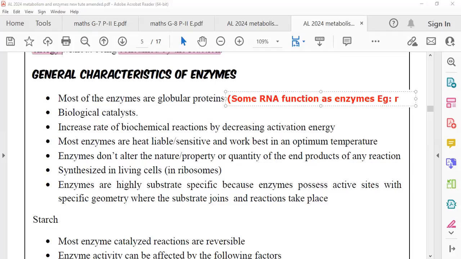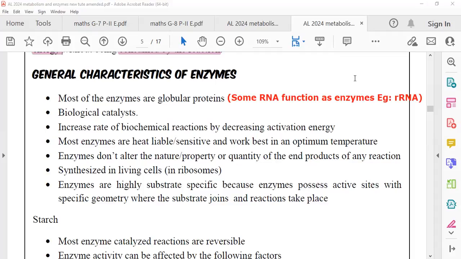Example, rRNA. You studied RNA in the chemical basis of life. rRNA can function as an enzyme, reducing the activation energy and not being used up at the end of the reaction.